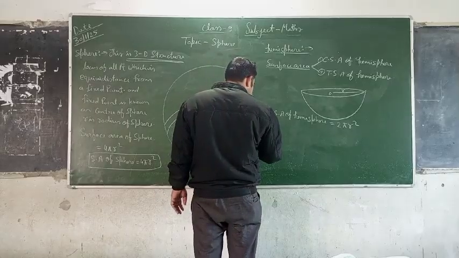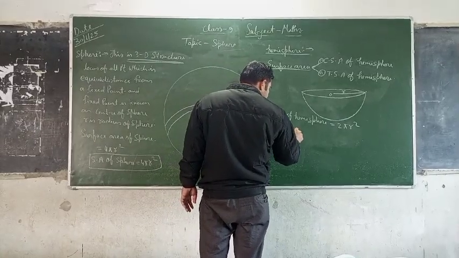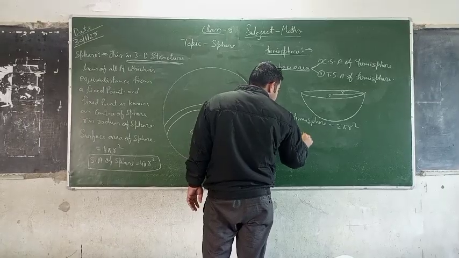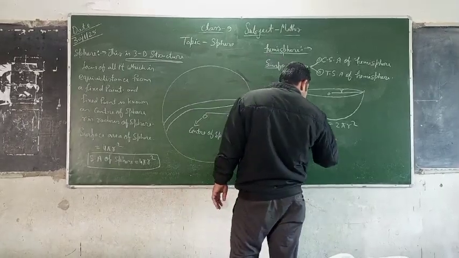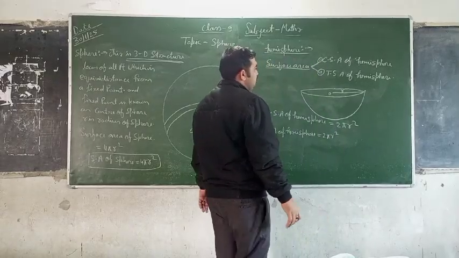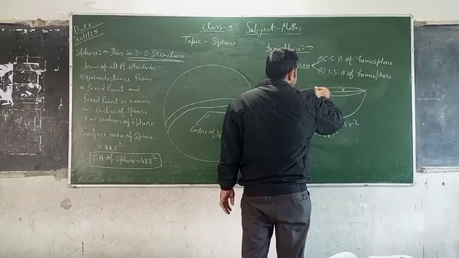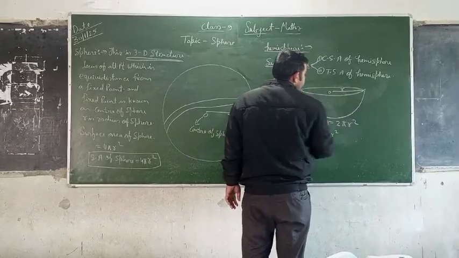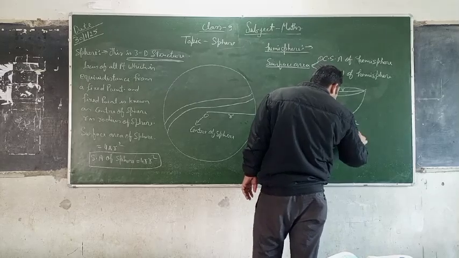Total surface area of hemisphere, that is 2 pi r square plus pi r square, the surface area of the top of the hemisphere, that is pi r square.